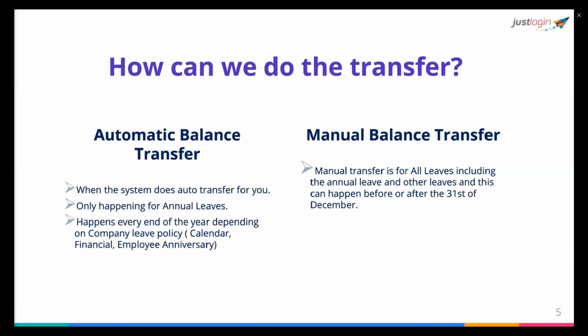For example, if you want to allow your staff to apply for 2025 leaves in advance, you can initiate the manual transfer right away. There's no need for you to wait for the system's automatic transfer at the end of the year. I'll demonstrate how to perform the manual transfer once we access the account.